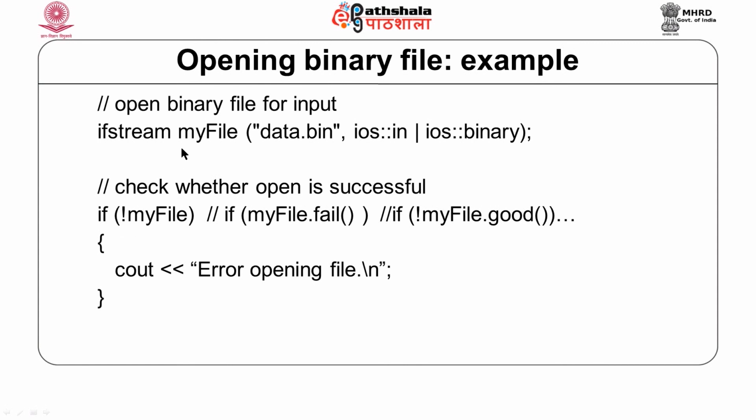Here I have used if not myfile, because any operation when it is successful returns true in the file stream, otherwise it returns false. We can also check the fail bit using the fail function, or the good bit using the good function which is associated with the file stream. So, here we are just checking whether it is opened successfully or not.